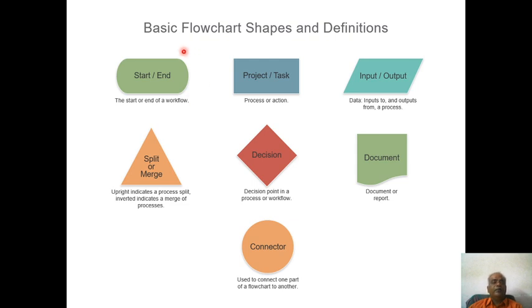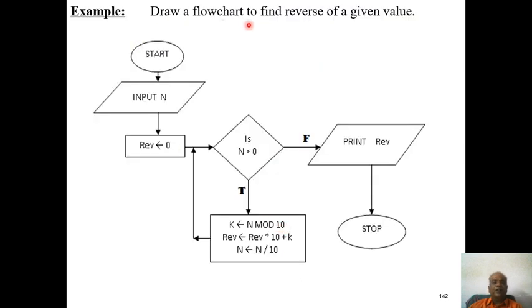The basic flowchart symbols we already discussed: start and end in an oval, tasks in a rectangle, parallelogram, merge, decision making, document, connector. Now draw a flowchart for finding the reverse of a given value.